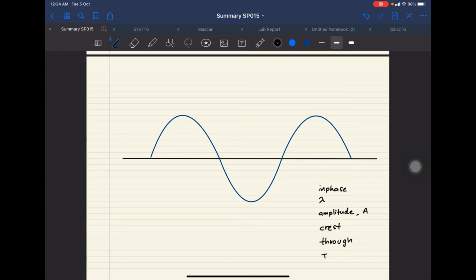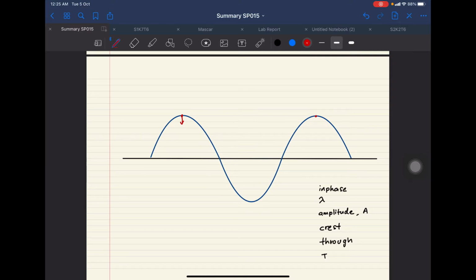Okay, example. What does it mean by in phase or not in phase? Let's say I have this point over here and that point over there. You can imagine that if I have a particle at the end over here, the particle will try to move downwards after it, because it's already at the maximum.